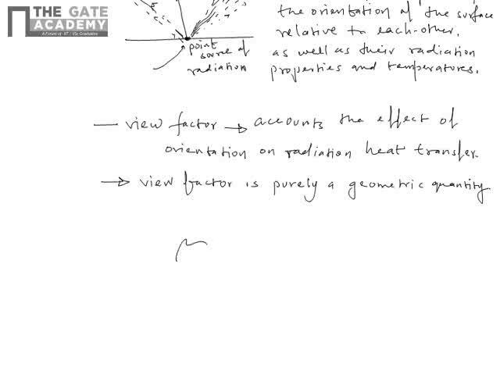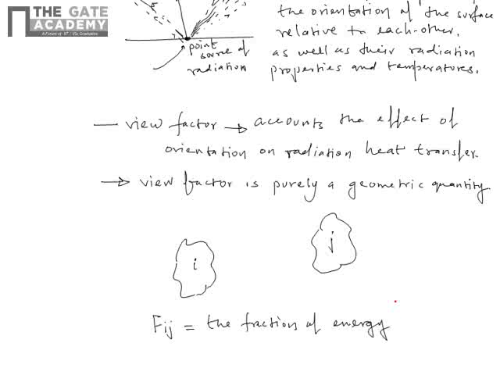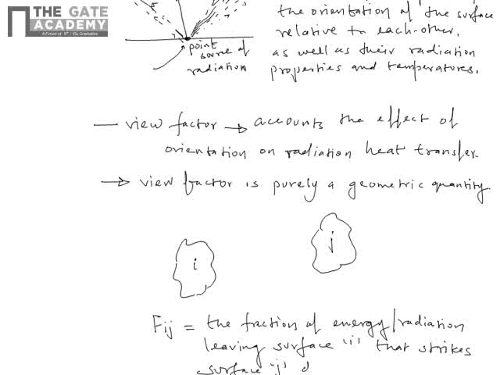Let us say this is a surface I and this is a surface J, then the view factor Fij is the fraction of radiation energy leaving surface I that strikes surface J directly.